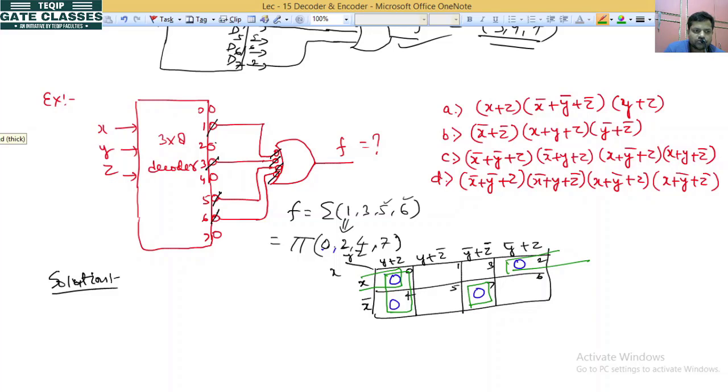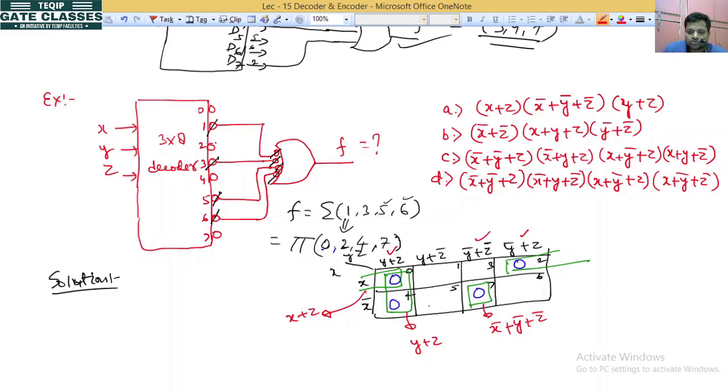Now I am going to write the expression for all these. From rows it will be x, and from columns y plus z, y bar plus z. So which one is common? Z is common. It will be x plus z. Now for the next one, the function is y plus z, because from rows nothing is common, but from columns we have y plus z. Now for the single term, x bar from rows plus y bar plus z bar from columns.